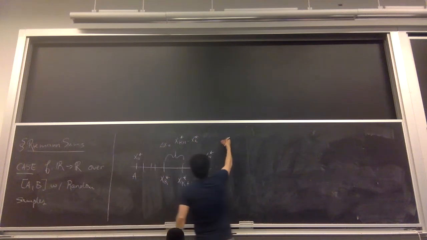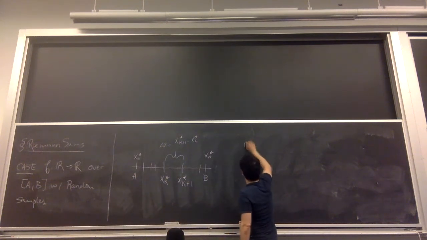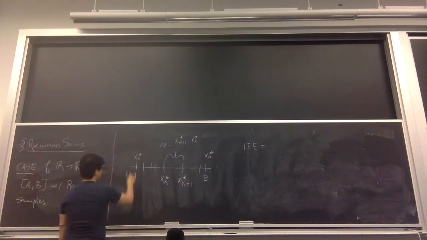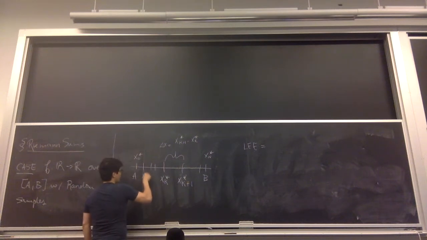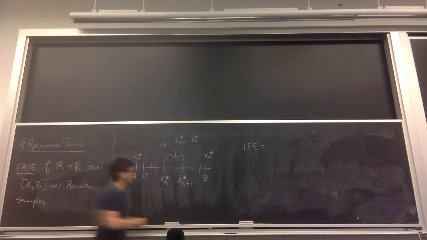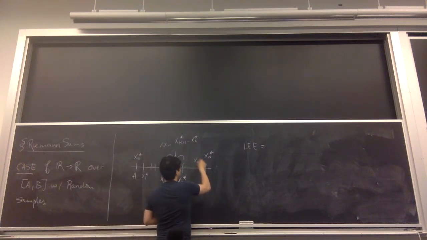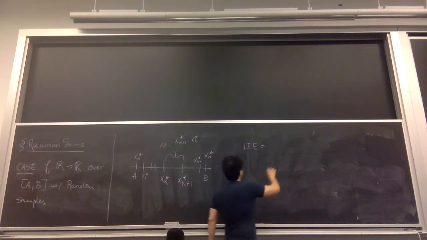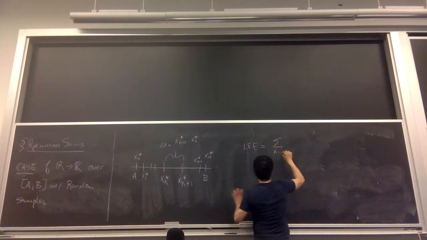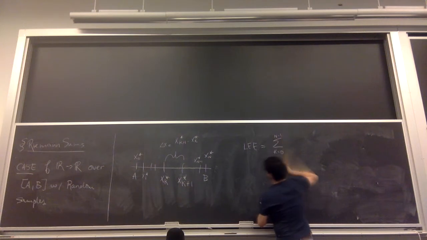Okay, so let's do the left endpoint approximation first. What are the sample points here? Well, it's just x_0, x_1, and what's the last sample point I'm going to take? x_{n-1}. Yeah, the second last one, x_{n-1}. So I want to go from k equals 0 to n minus 1.